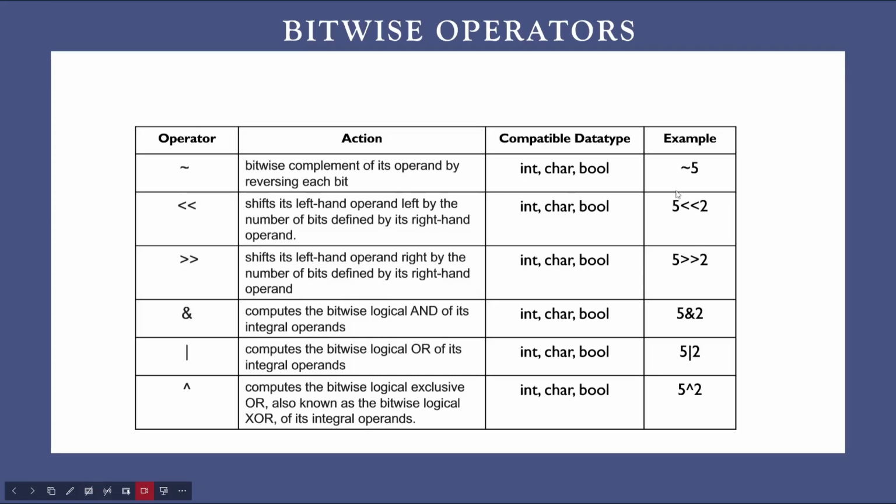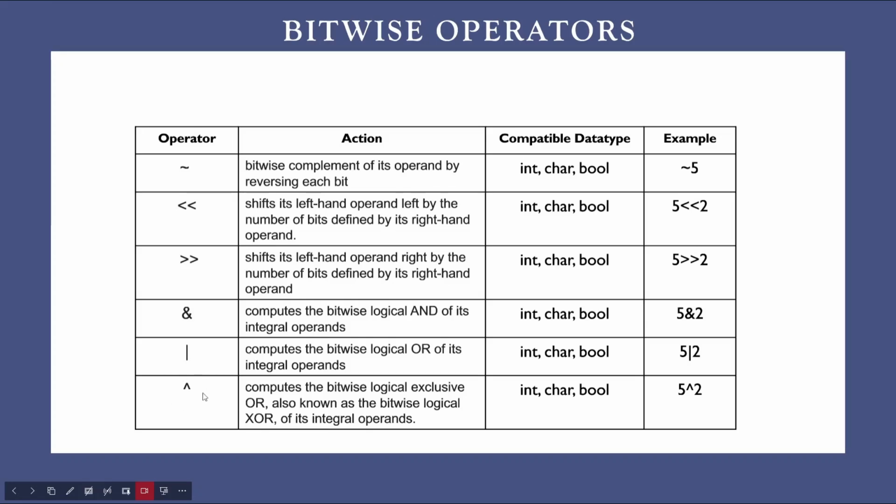That means 5 will be converted into binary, and then each bit will be shifted twice to the left side. Whereas the two greater than symbols are called a right shift, where 5 will be represented in binary, and then all the bits will be shifted to the right hand side twice.